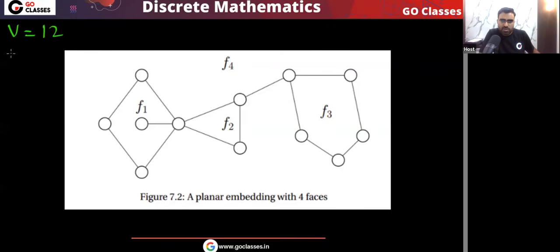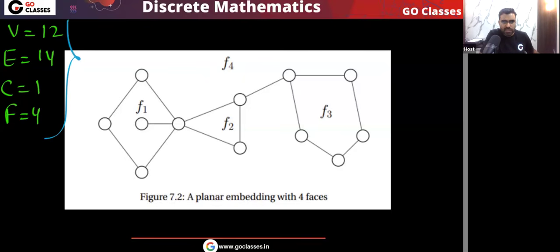The number of vertices is 12. What is the number of edges right now? You can see 1, 2, 3, 4, 5, 6, 7, 8, 9, 10, 11, 12, 13, 14. The number of edges is 14. What is the number of connected components? Only one. How many faces are there? There are 4 faces. Okay, this is the initial situation. Is this clear?